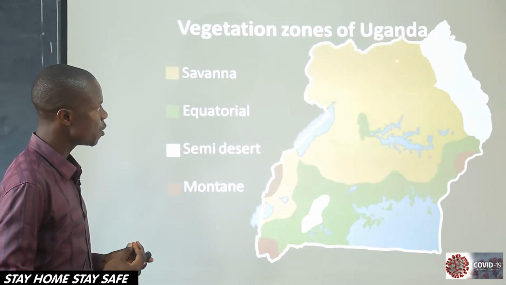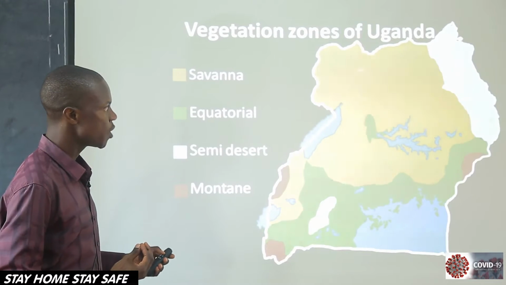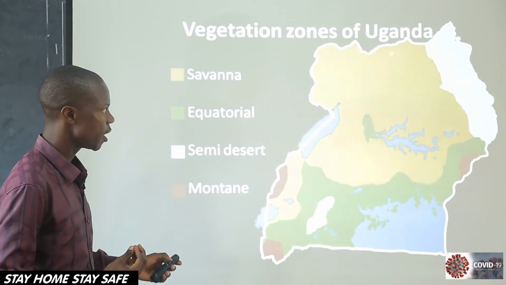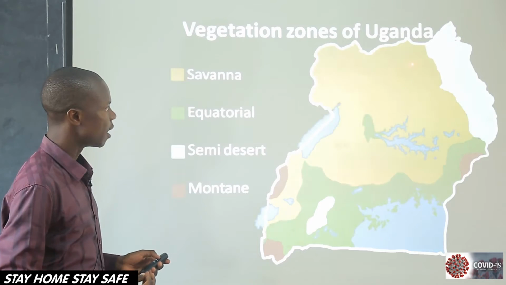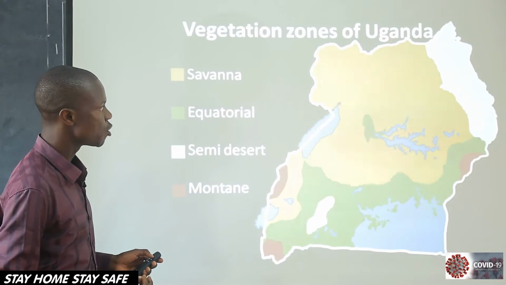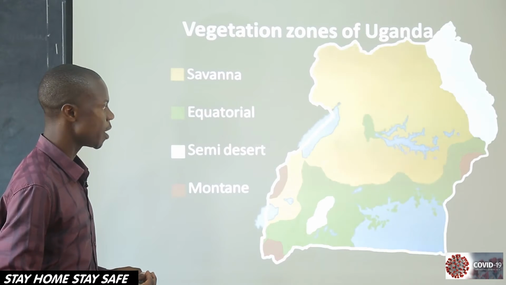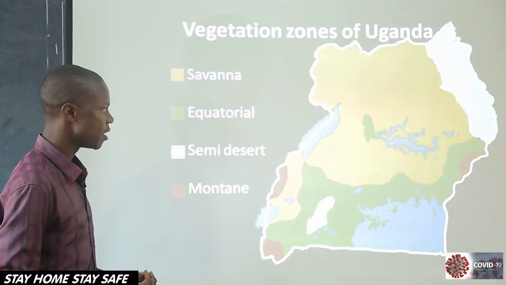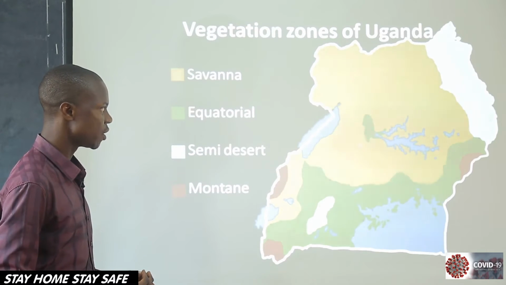For instance, if you were to recall very well, which type of climate is experienced in this region? This one here, okay? So somebody who recalls very well, this region experiences tropical climate. So in the tropical climatic regions, that's where we have savanna vegetation. So this one clearly shows that most parts of Uganda have savanna vegetation, okay?